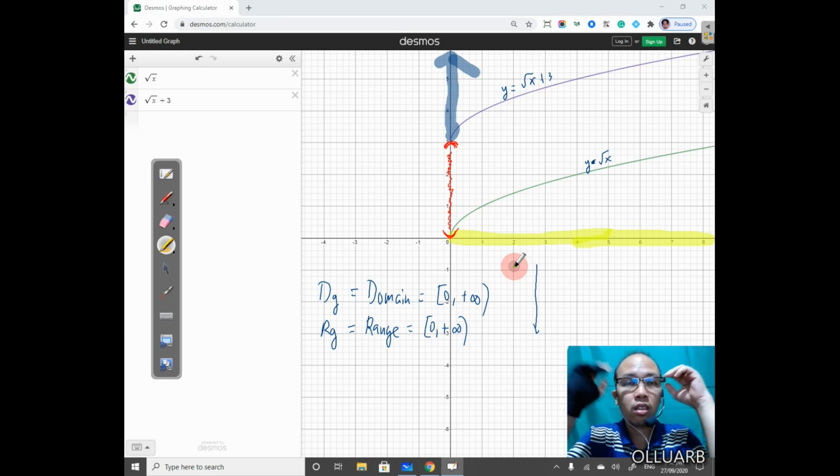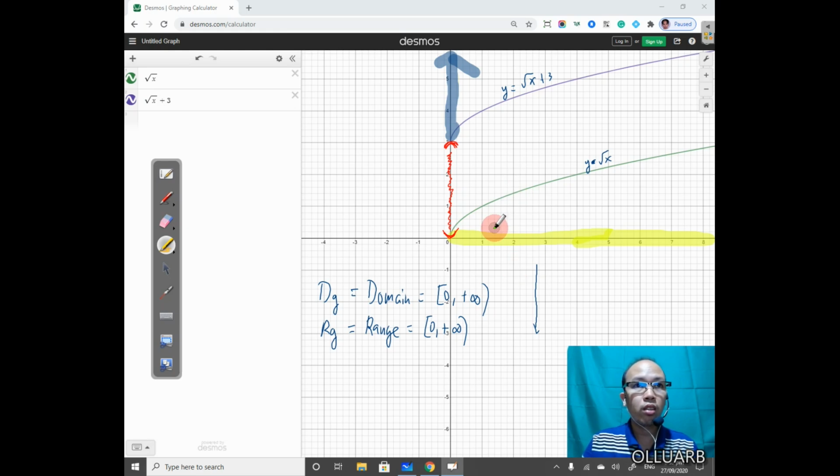Aside from solving the equation algebraically to find the domain or the range, just look at the graph of the equation and you will see that the range and the domain are very easy to locate or to understand.